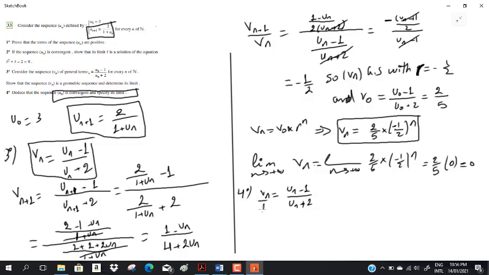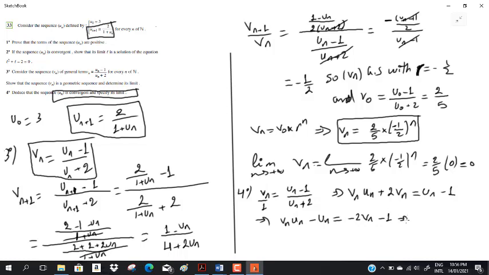So by cross multiplication, Vn Un plus Vn equal Un minus 1. So Vn Un minus Un equal minus Vn minus 1.